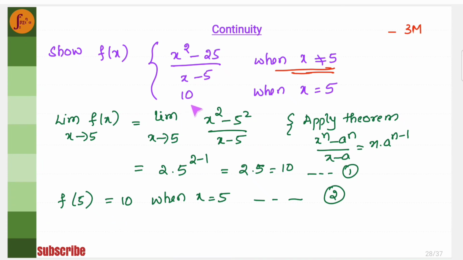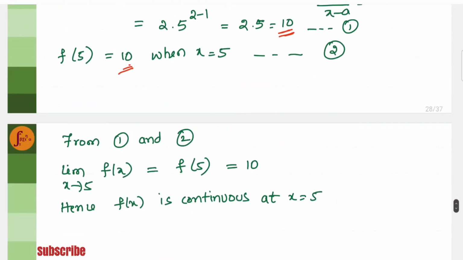It's already told that f of 5 is 10. So we'll just put f of 5 is 10 when x is 5. Now from 1 and 2, the values are the same, right? Here also the limit value is 10 and f of 5 is also 10. So from 1 and 2, limit x tends to 5, f of x is equal to f of 5, which is equal to 10. Therefore, we call this function continuous at x is equal to 5.